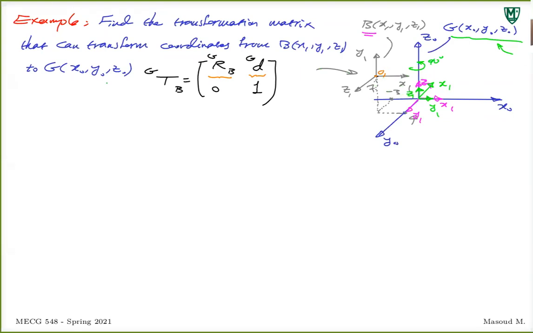So I rotated the magenta 90 degrees about the z-axis. Now this is x1, y1, z1. The green is the new position, or the orientation, of x1, y1, z1. Still, this is not in the same direction that I want.